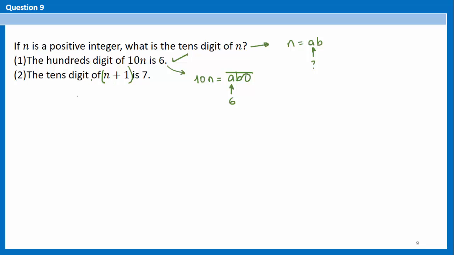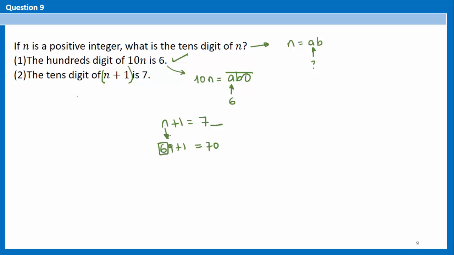The tens digit of n plus 1 is 7, which means that n plus 1 is 70 something. If we assume that n plus 1 only has 2 digits, it is 70 something. Now, what are the possible values of n? n could be 69, because 69 plus 1 is 70, and the answer for the question in this case would be 6.